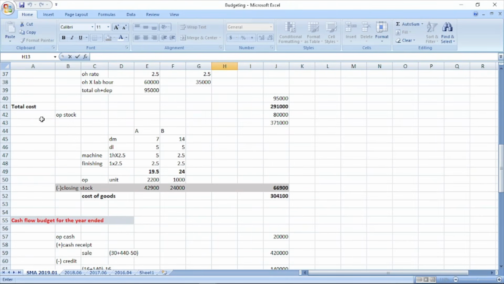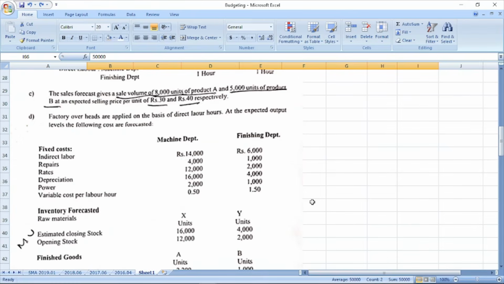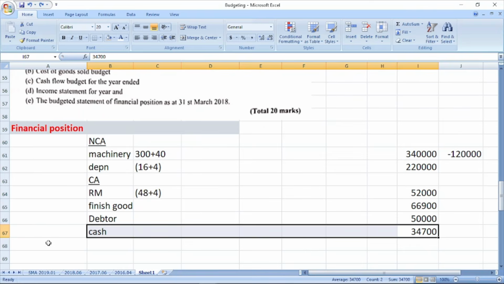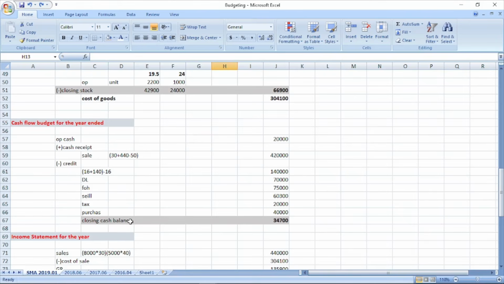Here they mention in total cost closing stock 42,900 in product A and 24,000 product B, it is 66,900. Then debtors is 50,000, mentioned in additional information G. And cash, we found the cash balance, it is 34,700.